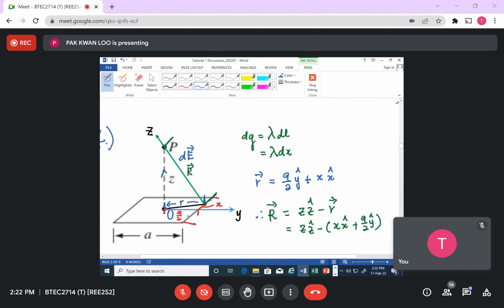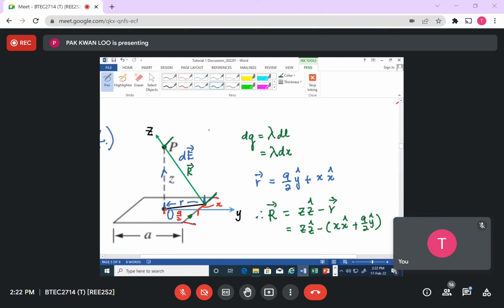If we take into account this point charge here, and the other point charge at the opposite side of the same rectangle, they contribute the same dE because the line charge density lambda is uniform.